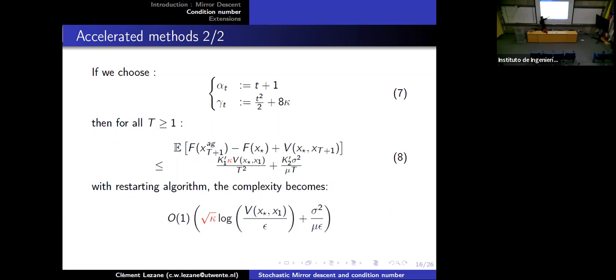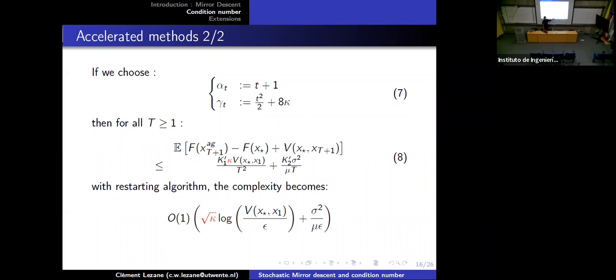Later, when using the restarting algorithm, you're going to have square root of kappa instead of kappa. So in the non-accelerated method we have kappa in the complexity, and here we have square root of kappa, which is better. The other term does not change: sigma squared divided by mu epsilon.